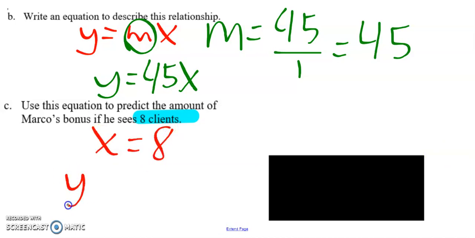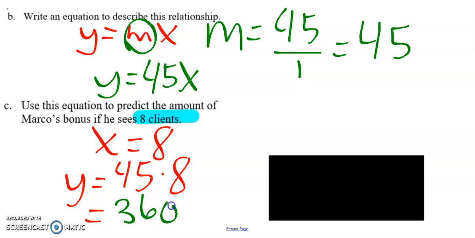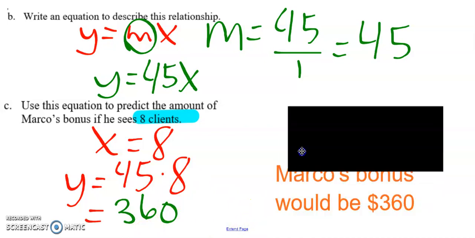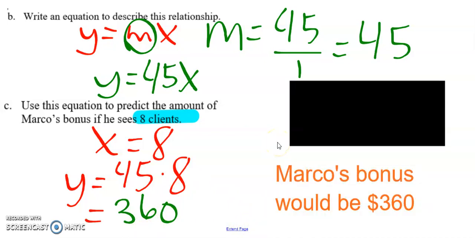Then y equals 45 times 8, which equals, using my calculator, 360. So Marcos will earn a $360 bonus. Make sure you pause the video and get all of that down in your notes.